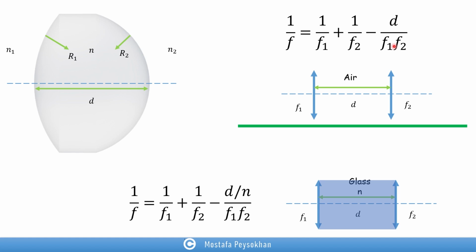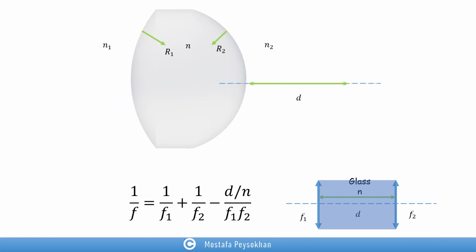Now, if you fill this distance with a material with refractive index of n, like glass, then we have to use a reduced distance, where you divide the distance by n, the refractive index. So the equation is 1 over f1 plus 1 over f2 minus (d over n) over f1 f2. I have this equation. Now I need to find f1 and f2.